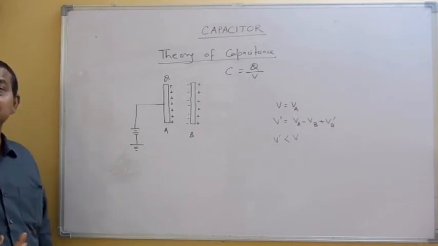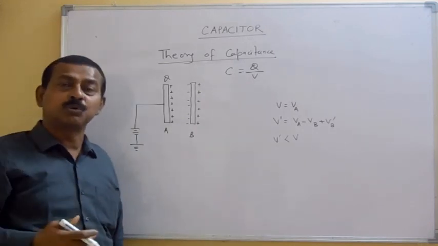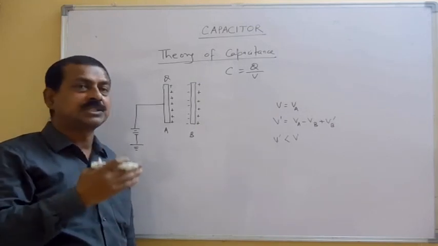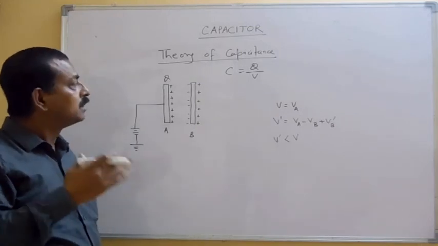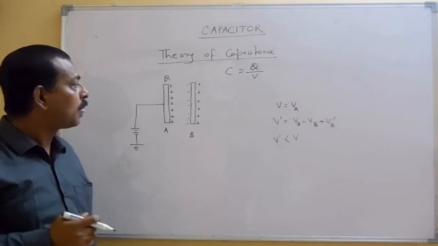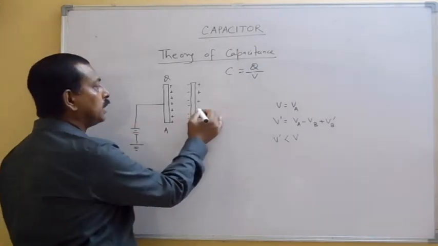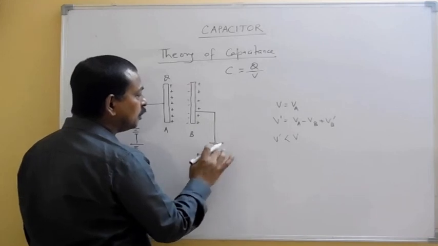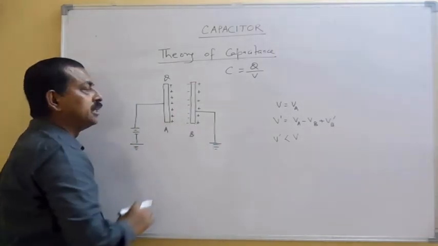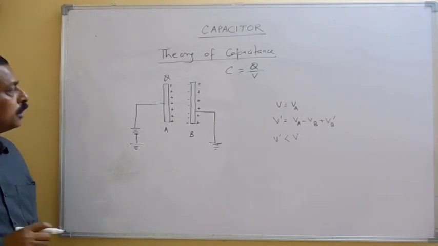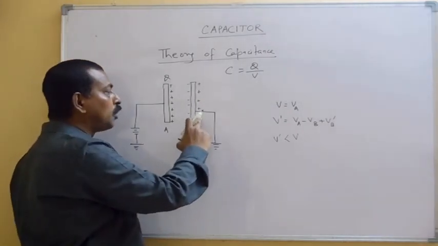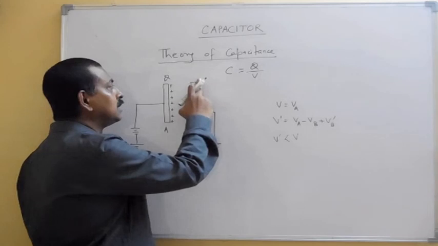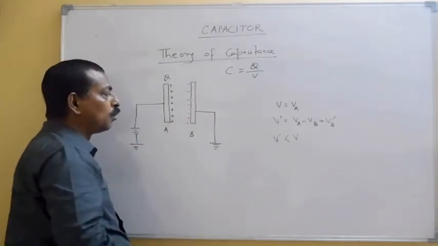And if we have increased the capacitance, that means we can store more charge before the charges start getting discharged. Now what we can do if you want to increase it further? Suppose we earth B. If you earth this one, then the positive induced charges will disappear. Why?